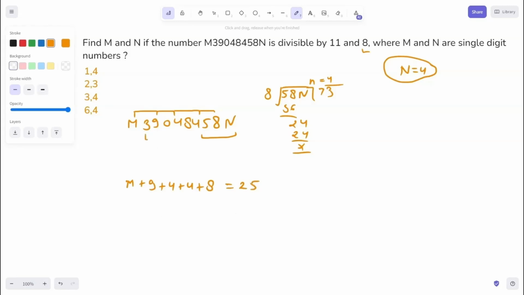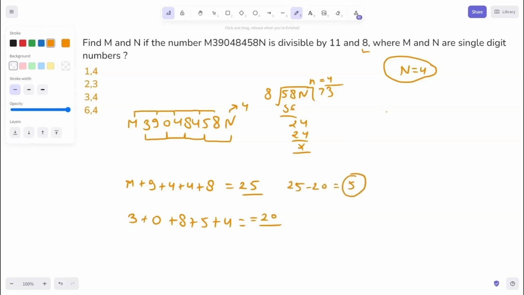Now let's see the sum of the even position digits: 3, 0, 8, 5, and n. We have put the value of n as 4, so 3 plus 0 plus 8 plus 5 plus 4, and the sum is 20. Let's see the difference: 25 minus 20, so the difference is 5.